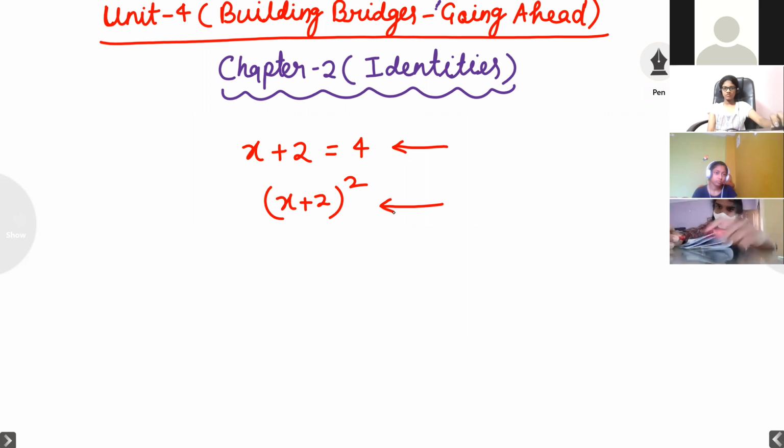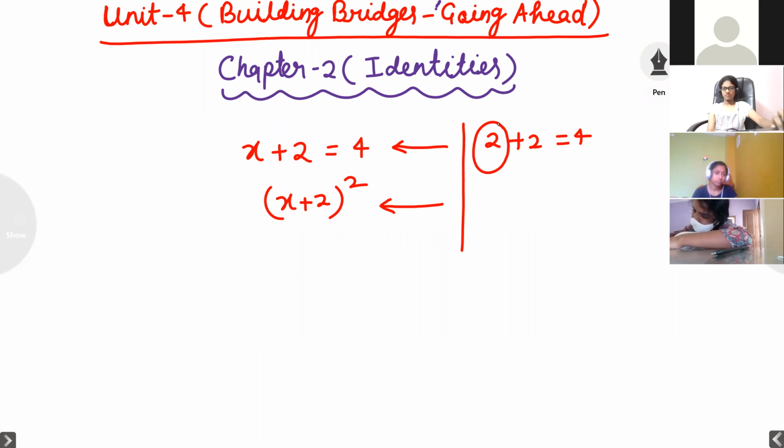In the first, x plus 2 is equal to 4 is given. In the place of x, whichever value I take, it should become 4. 2 plus 2 is equal to 4. Now this equation is valid for only 2. Can we take any other value to become 4? No. Only in the place of x we can take 2, then it will become 4.